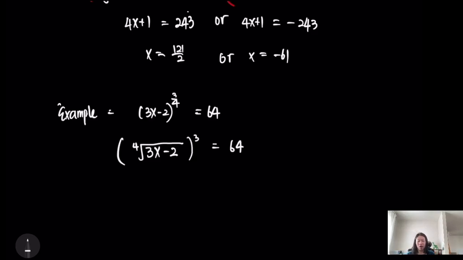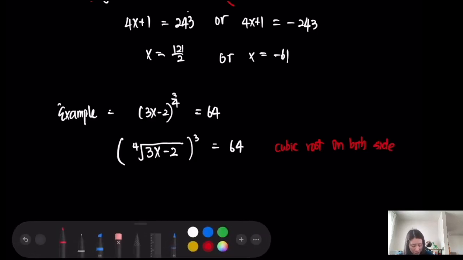Okay, so to clear the exponent, the first step is to use the odd root property. So you take a cubic root on both sides. Since it's a cubic root, that means it's an odd number, so we only have one solution. There's no positive or negative.